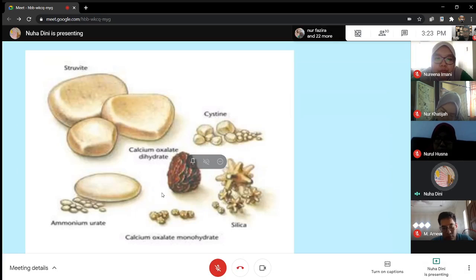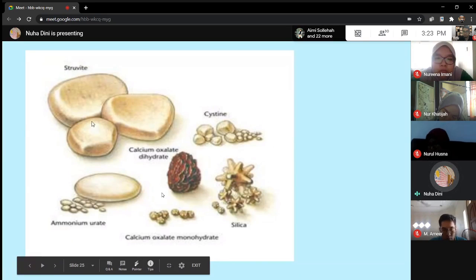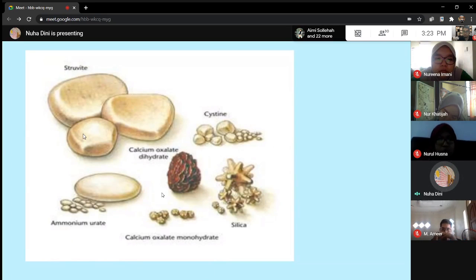So in the picture here, I want to highlight the features of the struvite stone. Struvite stone has a smooth surface, thus it rarely causes mechanical injury to the renal tract. So the patient is usually asymptomatic and the stone can grow very big, filling the pelvicalyceal system, presenting as staghorn calculi.